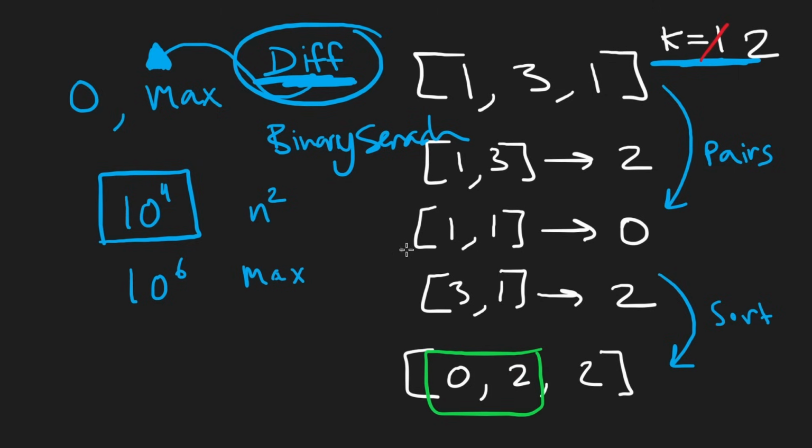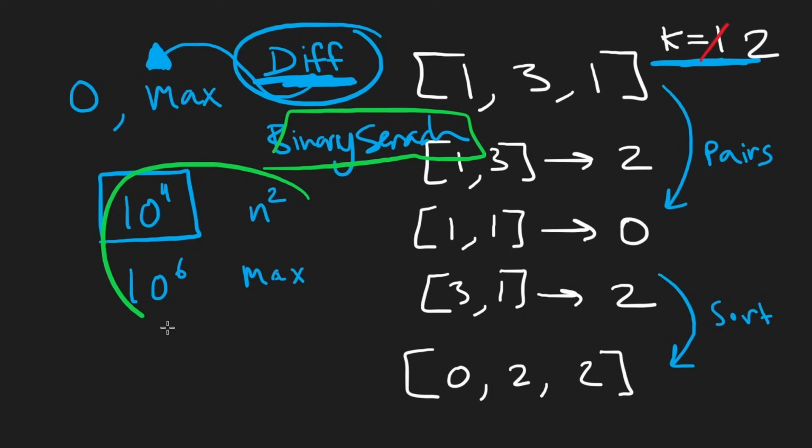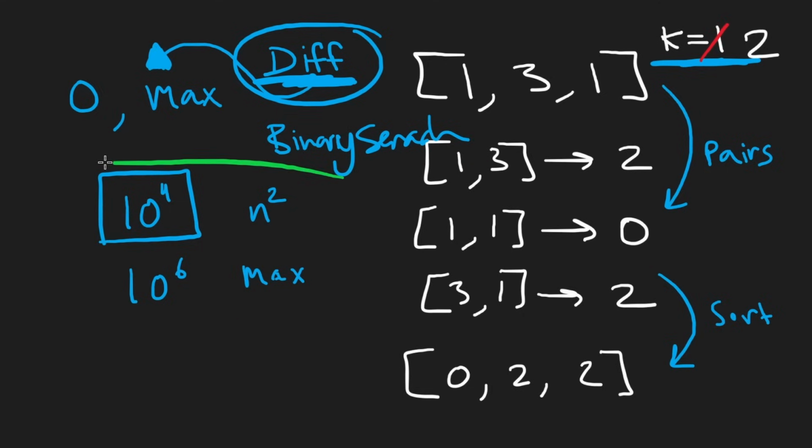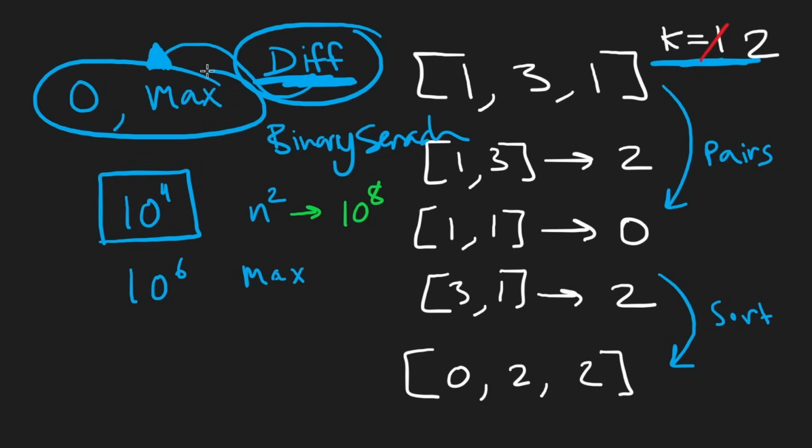So first, let me just claim to you that if there is a binary search solution that we can implement, would it actually be an improvement? Well, let's just quickly do a little bit of math. n squared is going to be 10 to the power of 8. If we can do a binary search solution, I'm just going to tell you that the time complexity would be doing a binary search on this search space.